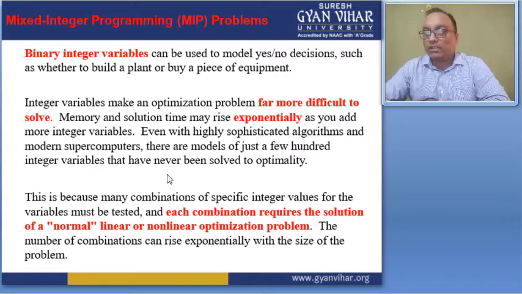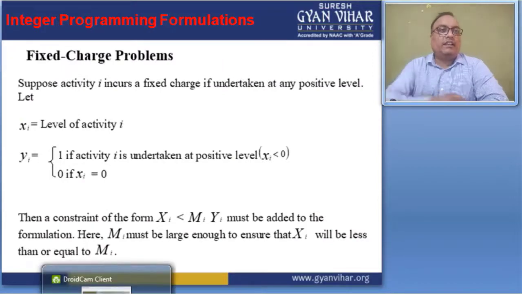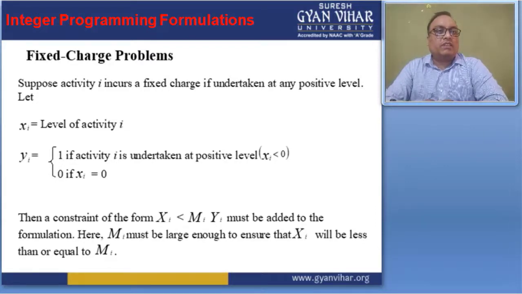So this is the integer programming problem related to the fixed charge problem. Suppose activity i incurs a fixed charge if undertaken at any positive level. For this case, suppose xi is the level of activity i, and yi equals 1 if activity i is undertaken at a positive level, xi greater than 0, and yi equals 0 if xi equals 0.